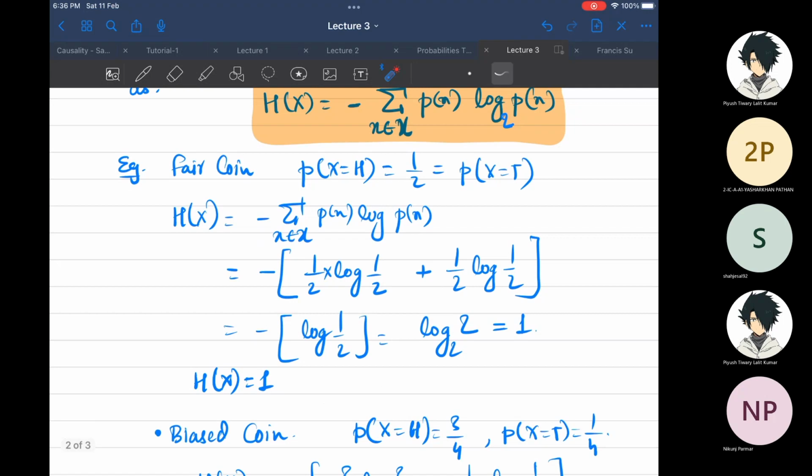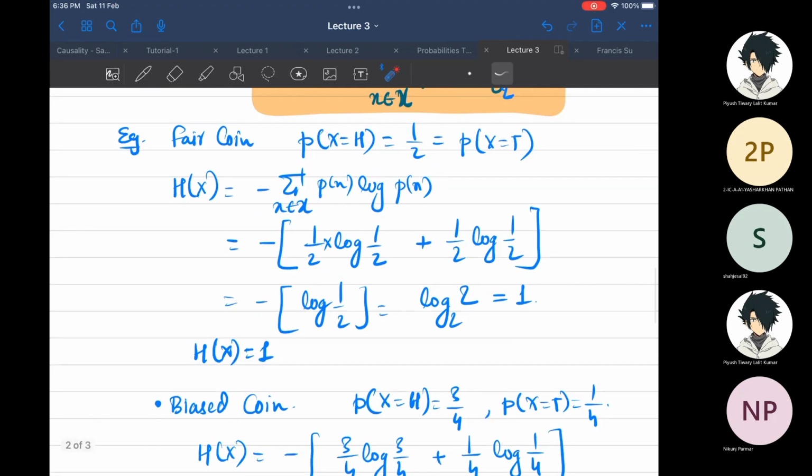For that, we considered a fair coin. The fair coin favors no output. The probability of heads and tails are exactly equal, and hence it's the most random coin that you can come up with.